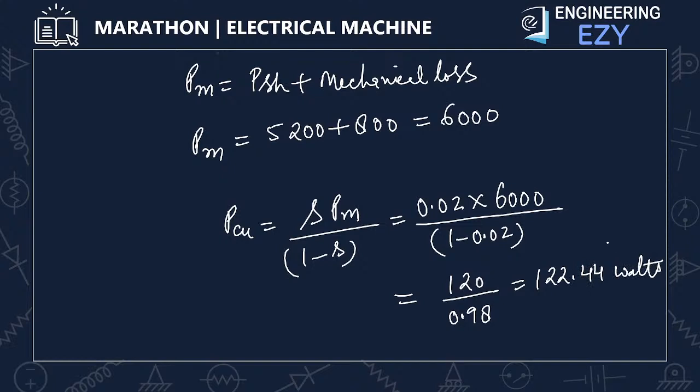So Gajendra, you have to check. It is S PM upon (1 minus S). I think Gajendra neglected the 1 minus S value. It is PM, not PG. PM is equal to shaft power plus mechanical loss, so it is 6000, and the rotor copper loss is S PM upon (1 minus S).